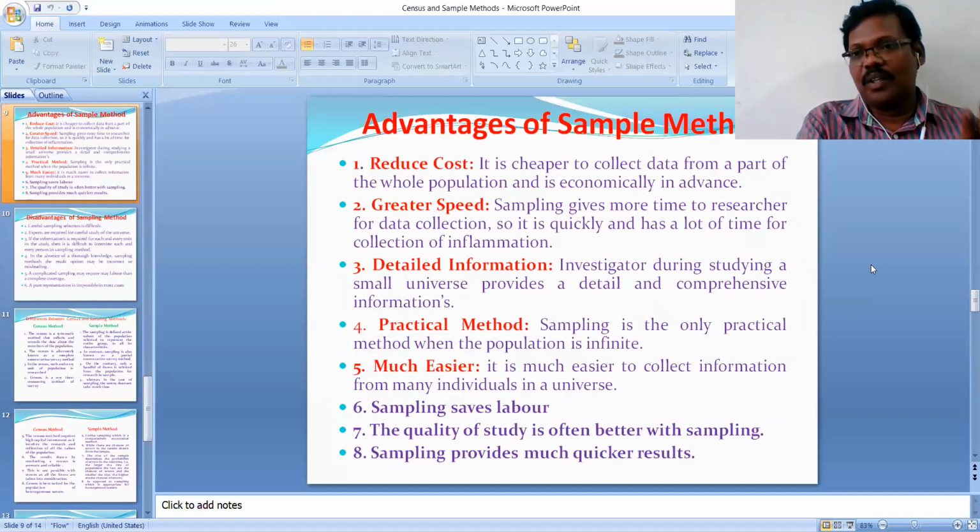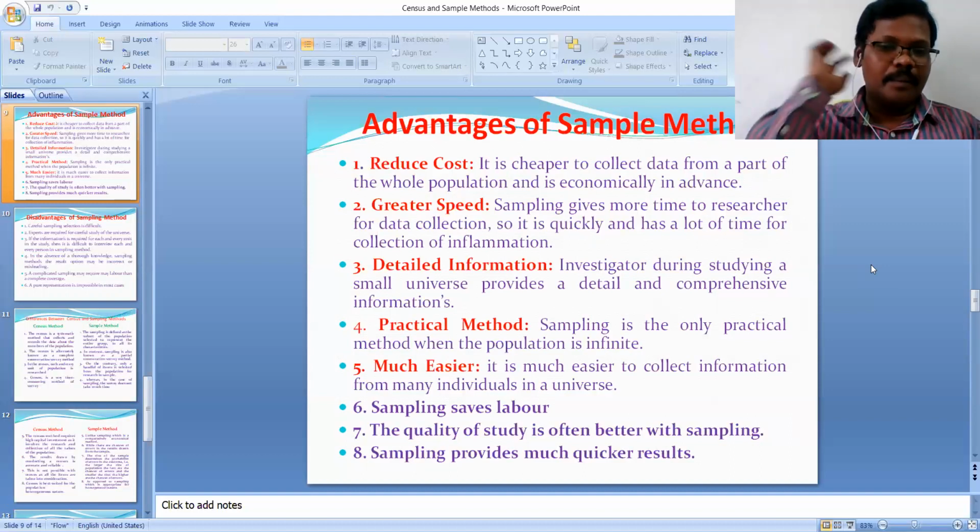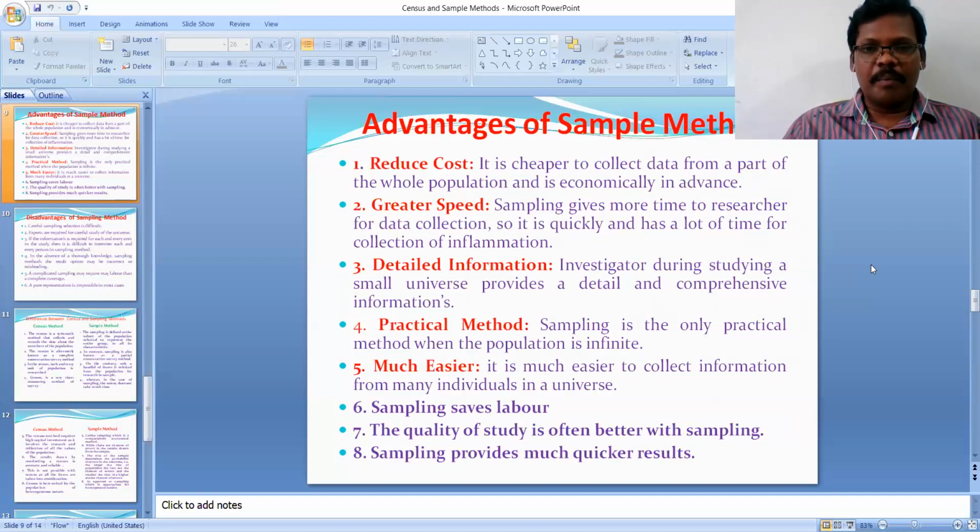Practically it is possible, because the census method is not possible when there is a large amount of data. It is also much easier. The sample method is very easy. It is much easier to collect the information from many individuals in the universe. And sampling saves labor also. If you go for the census method, we have to go for manpower.